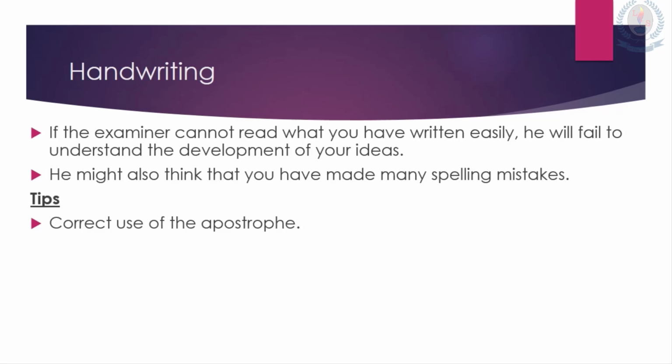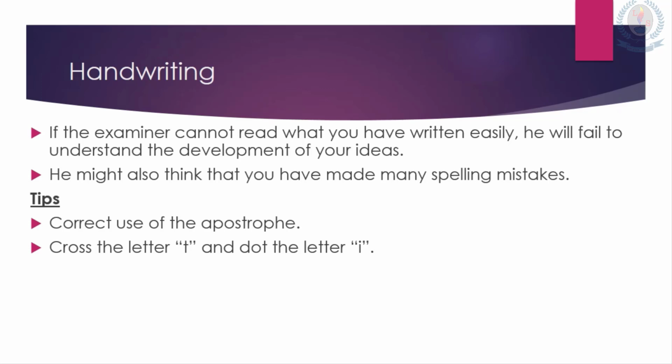So, here are some tips. Use the apostrophe correctly. Now, sometimes children use the apostrophe in a wrong manner. Cross the letter T and dot the letter I. This is another careless mistake done by the children.